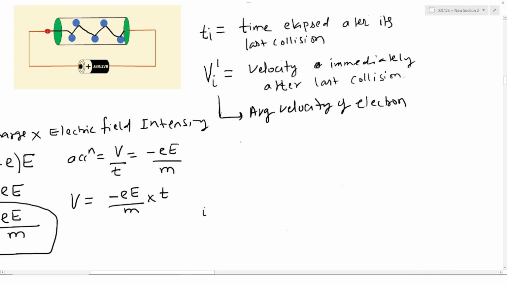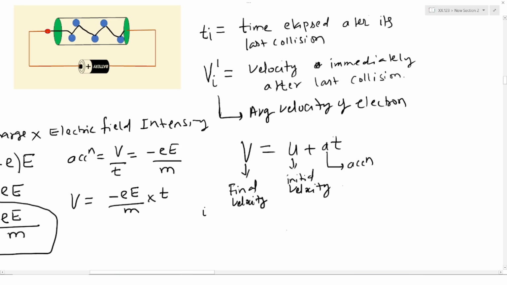Now here we apply the kinematical equation to know the velocity of the electron after the last collision. So we have the equation V equals U plus AT. This is the kinematical equation where V is the final velocity, U is the initial velocity, A is the acceleration, and T is the time elapsed after the last collision.